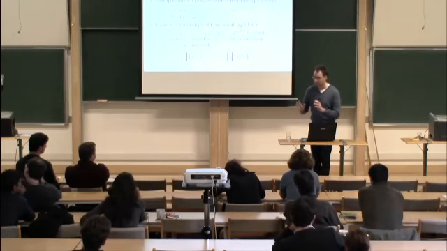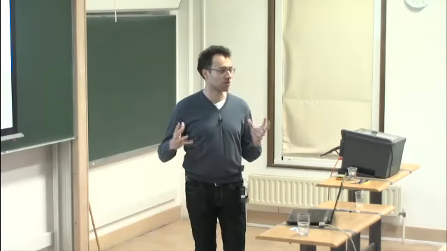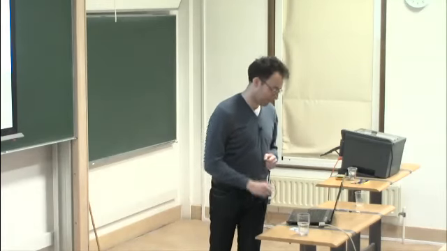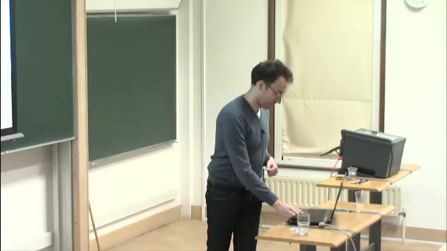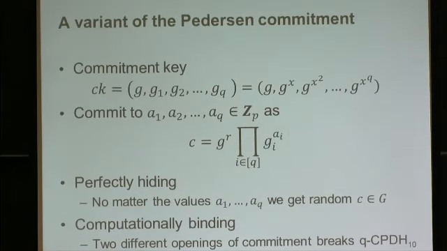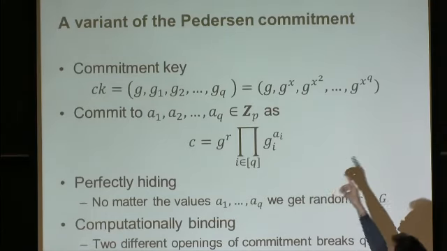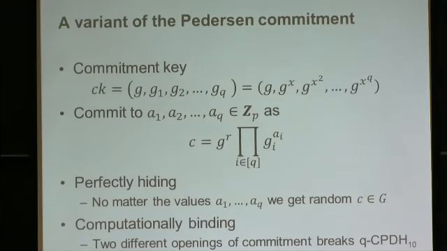So that's the strong assumption that we're going to make here. But as I said before, if you want to get sublinearity, you need to have some kind of strong assumption. Okay, so the construction uses a commitment scheme. The commitment scheme has a commitment key which is g and g raised to powers of x.